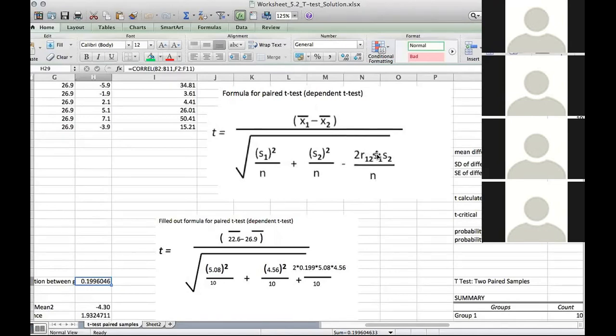Then 0 times the standard deviation is 0. 0 times 5.08 is 0. 0 times 4.56 is 0. 0 divided by 10 is 0. So it would be minus 0. So that whole portion of the formula would fall away. If there is a 0 correlation, this whole portion falls away. We are back to the formula for an independent t-test.